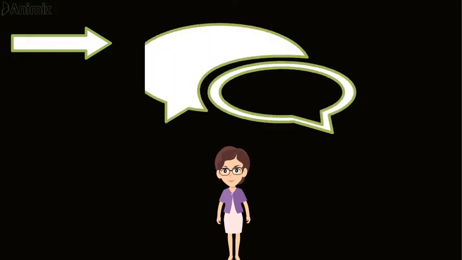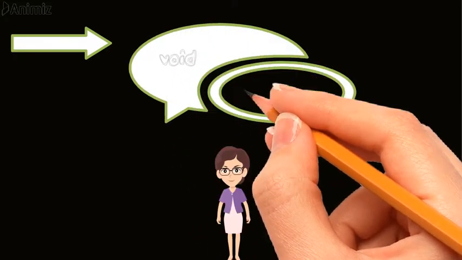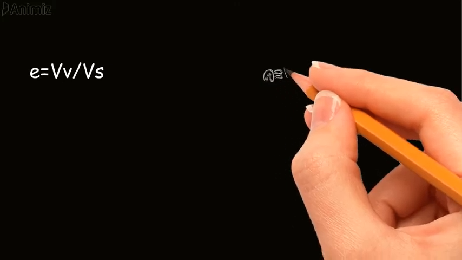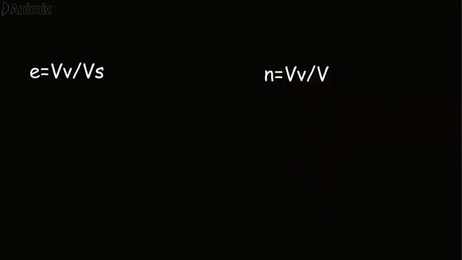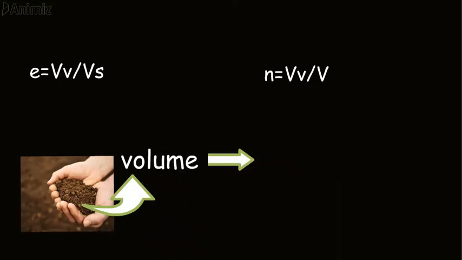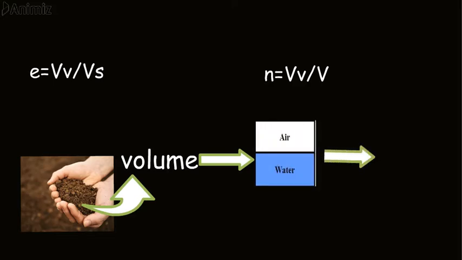So let's move to the third point. Which term is used, void ratio or porosity? We know that void ratio is equal to volume of void by volume of solid, and porosity is equal to volume of void by total volume. When the volume of the soil mass changes, the volume of the void, that is the air and the water, changes.